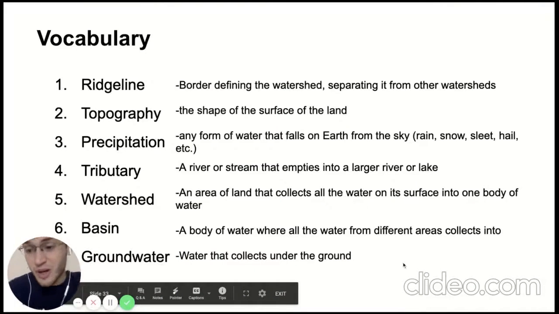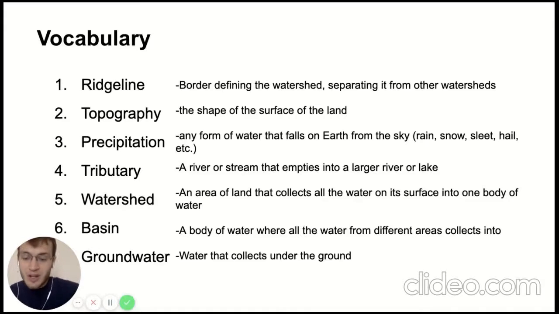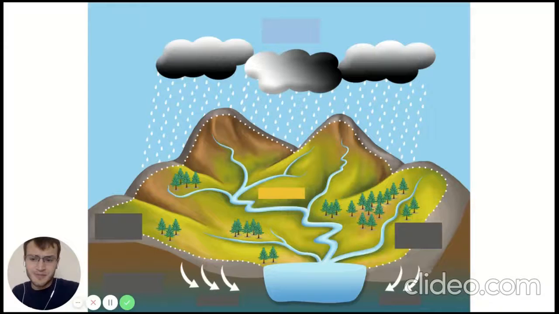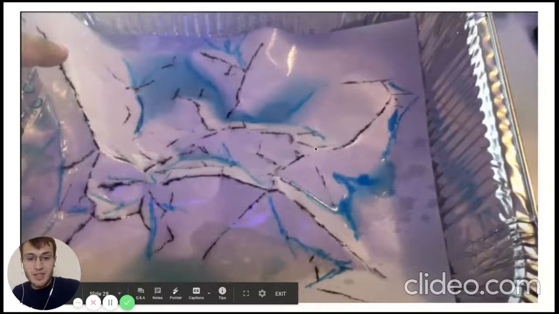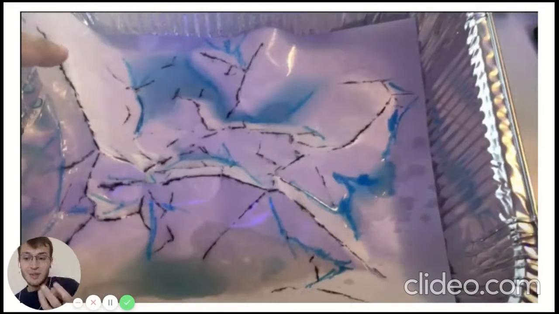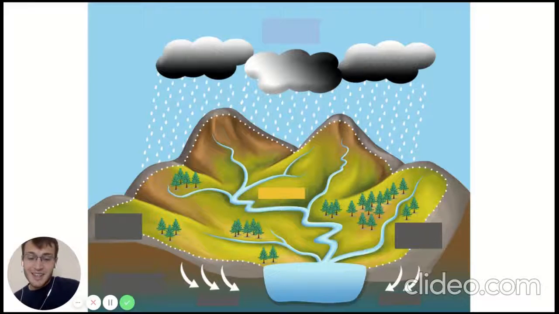And number 7, groundwater. Groundwater is water that collects under the ground. So it's any water that absorbs into the ground. We saw that when Ms. Chowdhury lifted up the paper, there was water underneath it. That was groundwater. It had seeped into the ground. But we also have groundwater on this model.